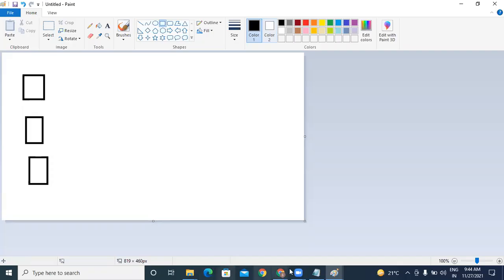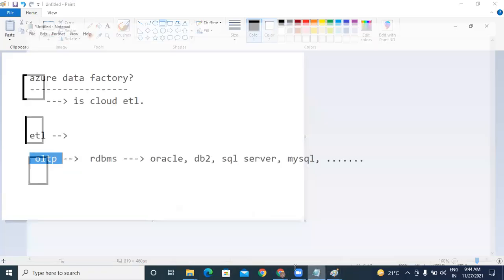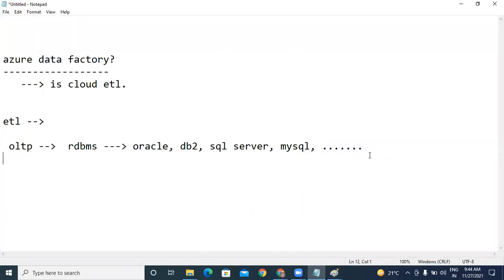But the problem with these OLTP systems, as one of our team members here in our Zoom meeting said in the beginning, is less capacity. The problem with OLTP is this one. OLTP systems have less capacity, maybe good up to 10 terabytes.